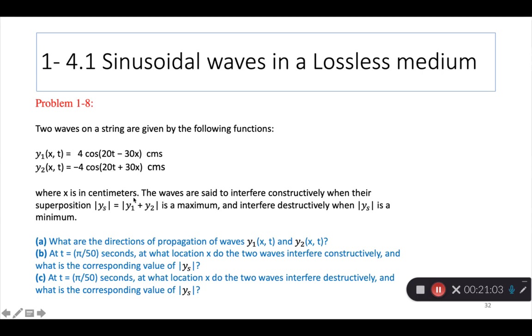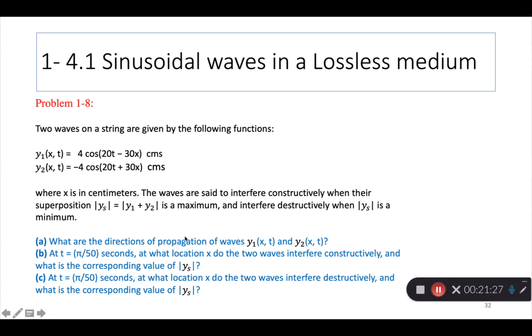So x is given in centimeters. The waves are said to interfere constructively when they are in superposition. When you add the two, y1 and y2, if the magnitude is a maximum, then we say constructive. Destructive means the opposite, when the magnitude of the sum is minimum, right? So he's telling us that.